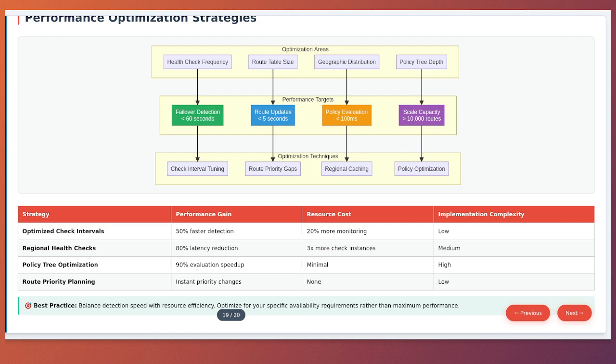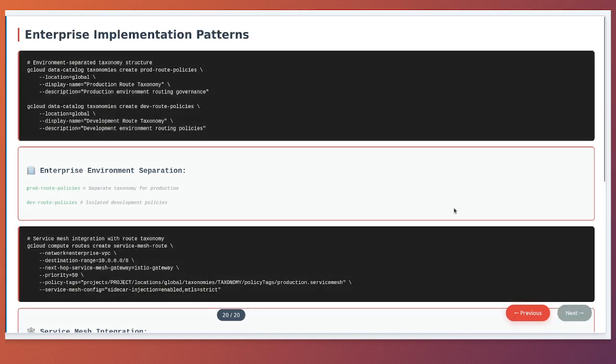Health check endpoint optimization means designing application health endpoints that are fast, comprehensive, and don't impact production performance. A good health endpoint checks critical dependencies but doesn't perform expensive operations. These optimizations can reduce failover times from minutes to seconds while maintaining system stability and avoiding false alarms that could cause unnecessary traffic shifts.